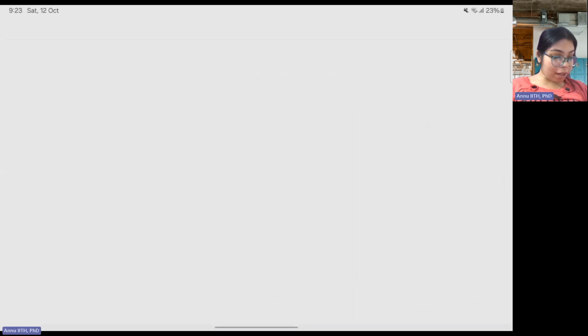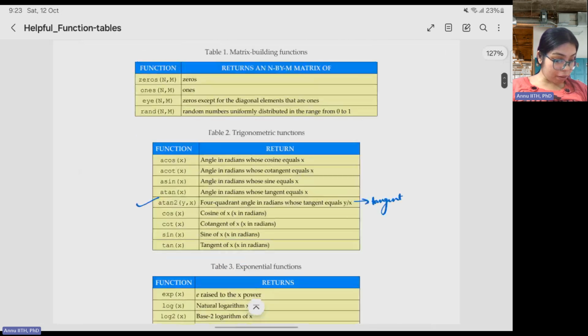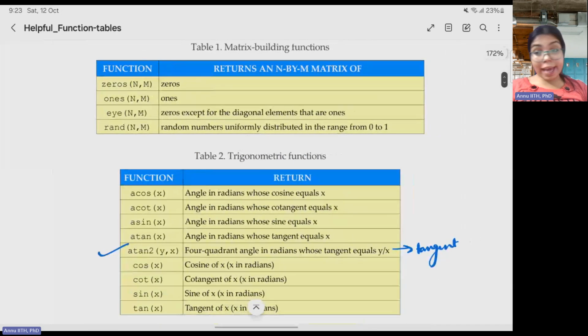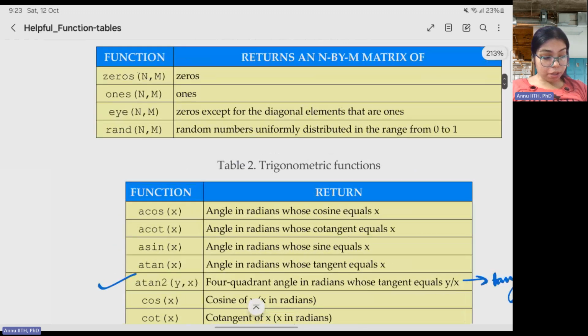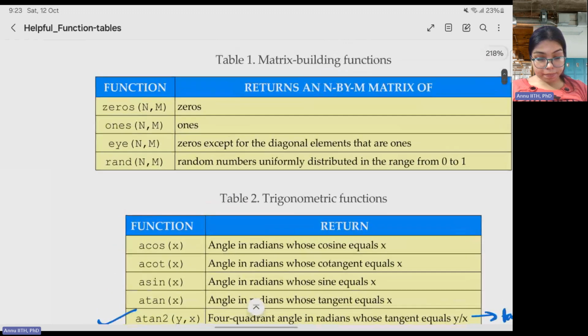These were the helpful MATLAB functions. I created this table for you. There can be some multiple objective questions, so you just go through this. Zeros, ones, I, rand.